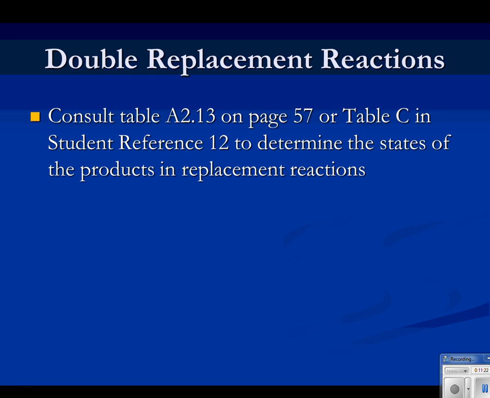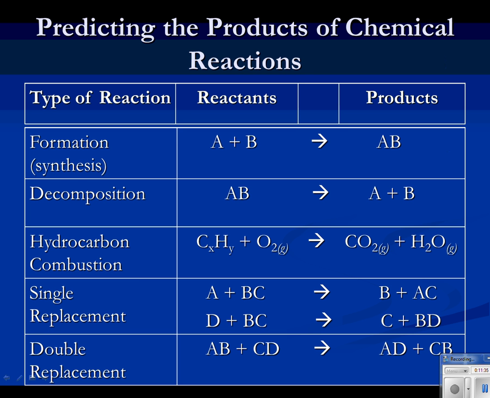And just a note here: consult table A2.13 on page 57, or table C in the student reference, to determine the states of products in the replacement reactions. Now, this is a general table that shows you everything, a quick reference guide.